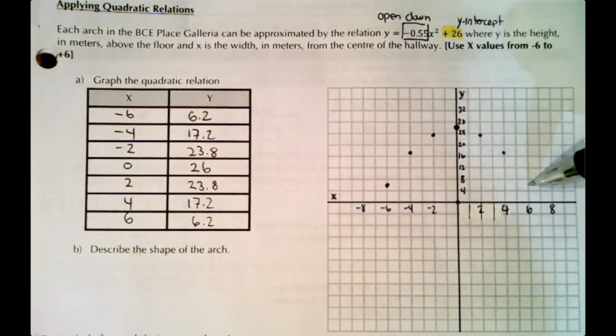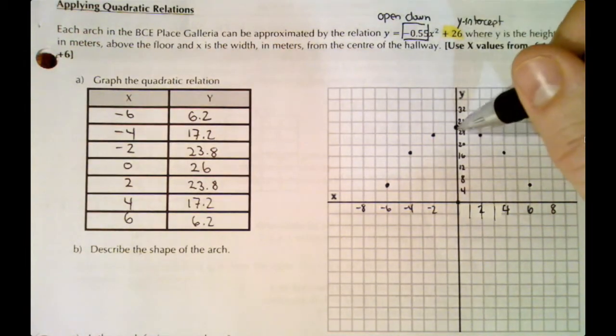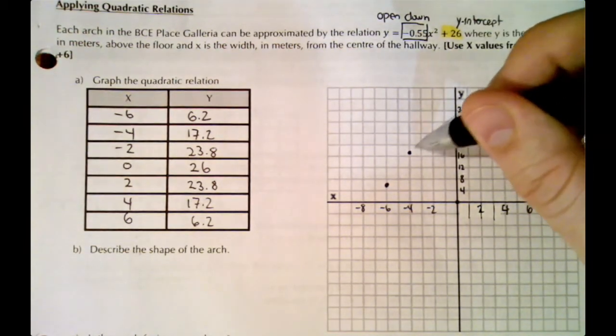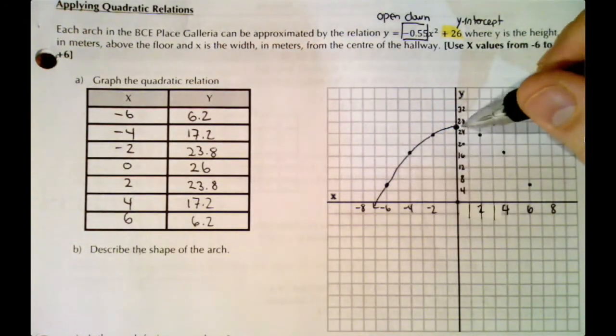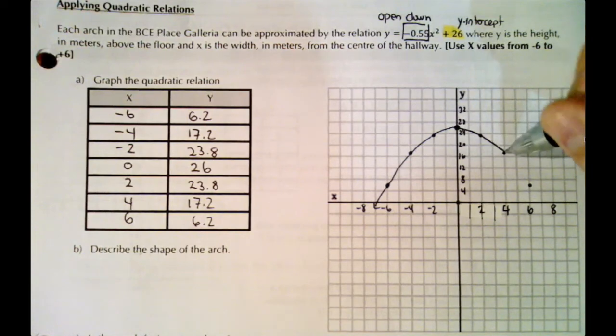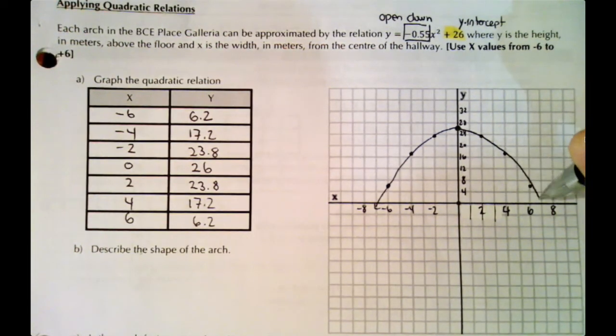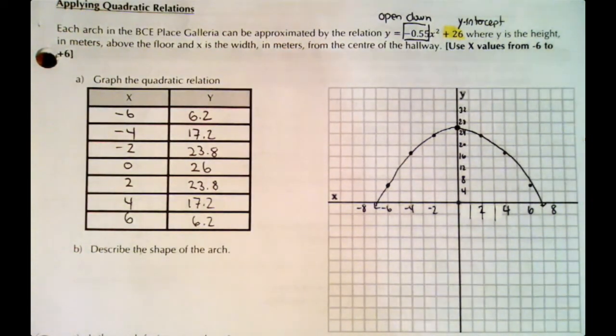And 6 would be about there. Now if we continue this, connect, go down, and we're going to extend just a little bit. We don't know exactly where it's going to cross the x-axis. In later units we'll be able to do the math to figure it out, but I'm going to extend it just a little bit so we get there.